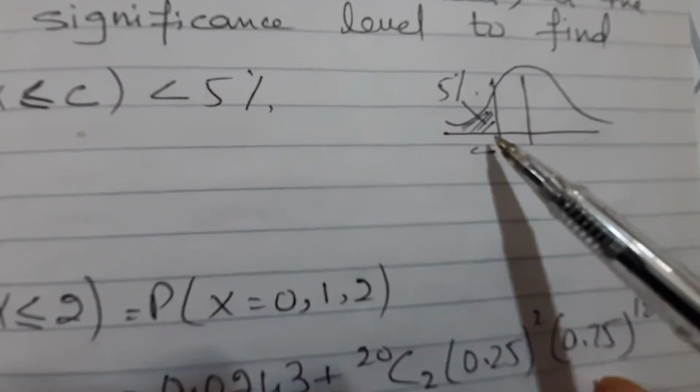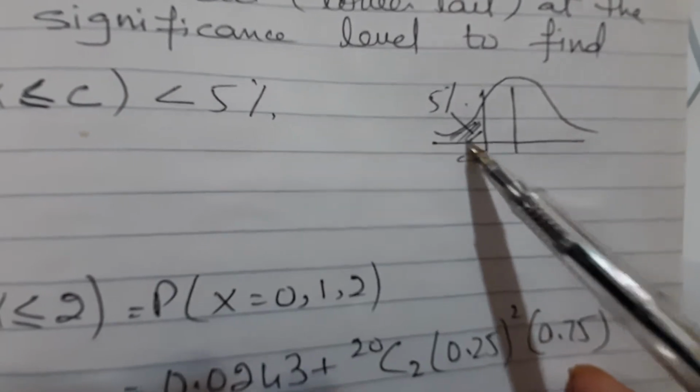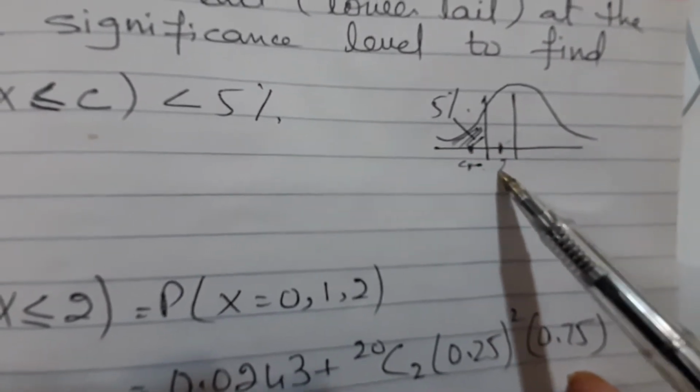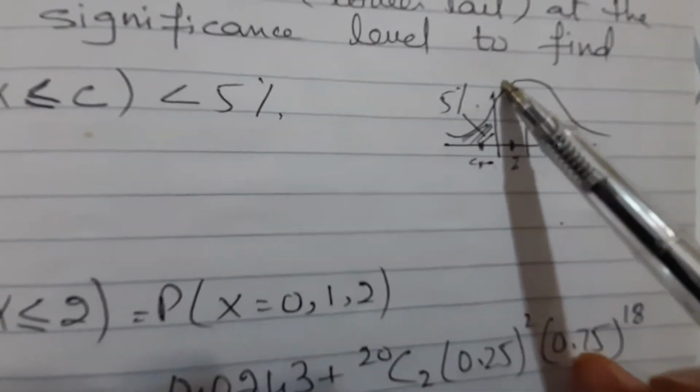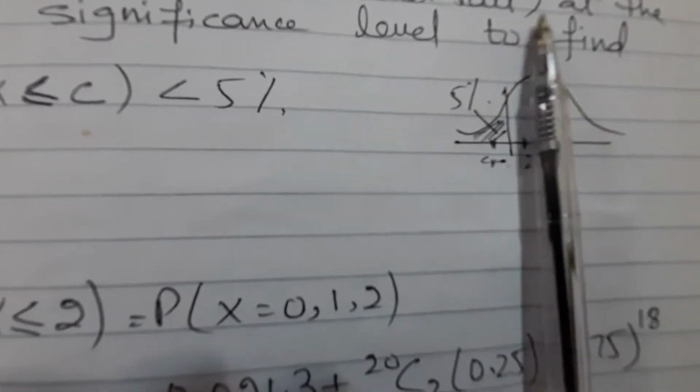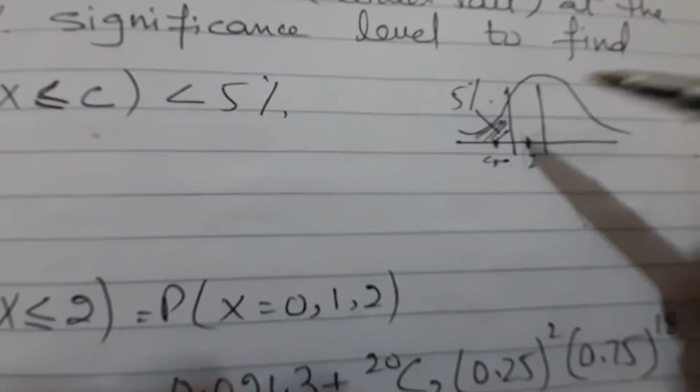If I show you on the diagram, when it is 1, the value is somewhere here, but when it is 2, the value is somewhere here. Because when I say less than or equal to 2, the probability is 9 point some percent, it is from here till here. Are you getting my point?